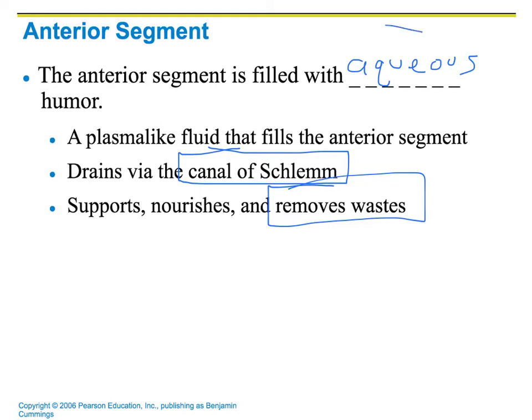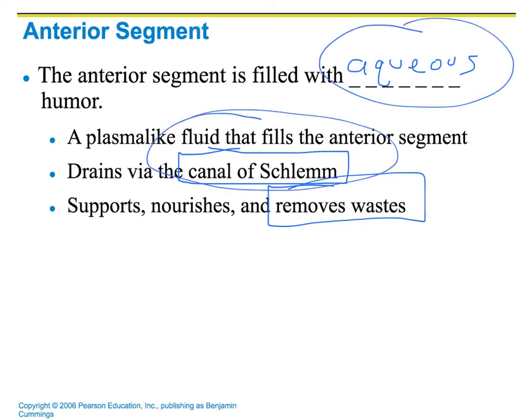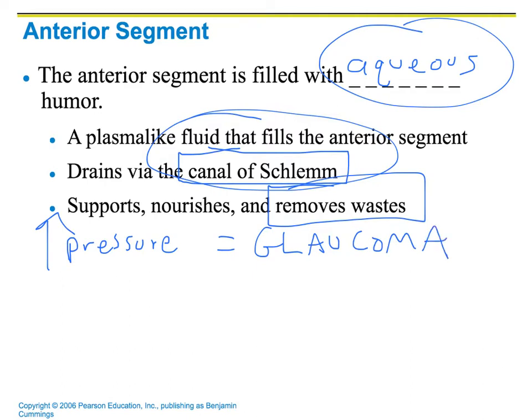If too much aqueous humor is produced, or if the canal doesn't drain properly, you get a buildup of pressure in this compartment, and that pressure can lead to glaucoma, which can damage the retina and some of the delicate structures of the eye.